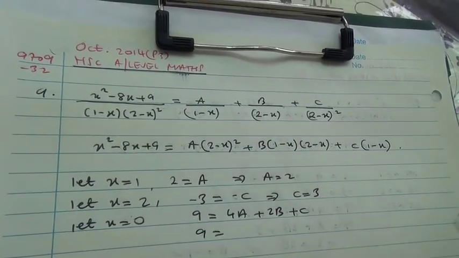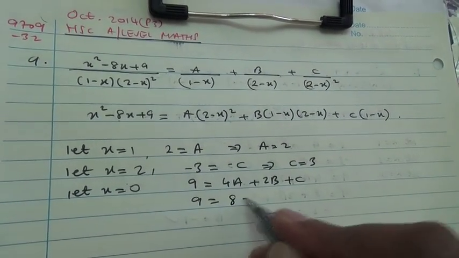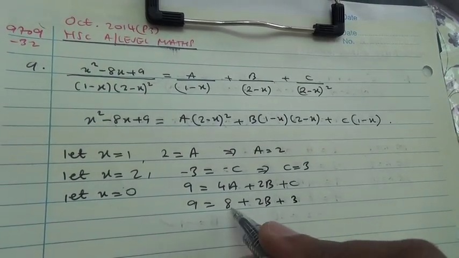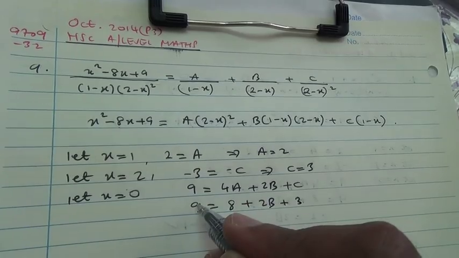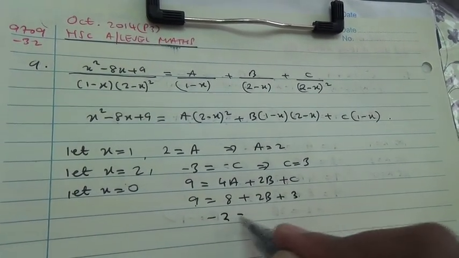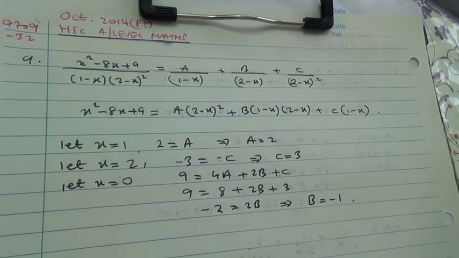So therefore 9 is equal to 4 times A, 4 times 2, which is 8, plus 2B plus C, which is 3. 3 plus 8 is 11. 11 is going to go on the other side, so it becomes minus. 9 minus 11 is minus 2. So minus 2 equals 2B. Therefore B is going to be minus 1.